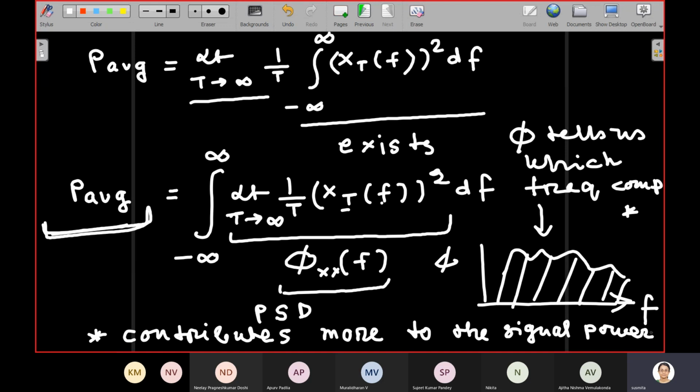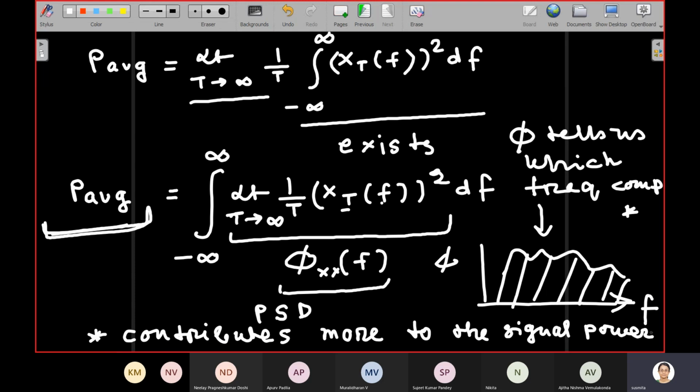Therefore, we have power spectral density, and the variation of the power spectral density over the frequency domain tells us which frequency component will have more contribution to the signal power. In other words, it tells us which frequency component is more dominant.